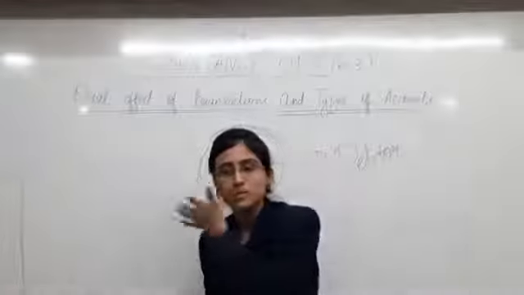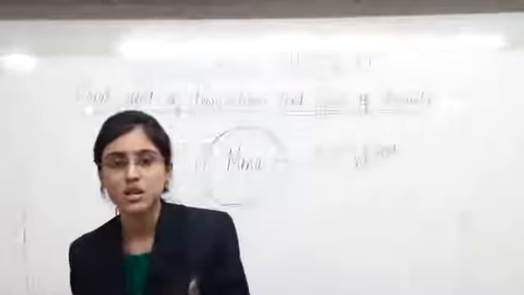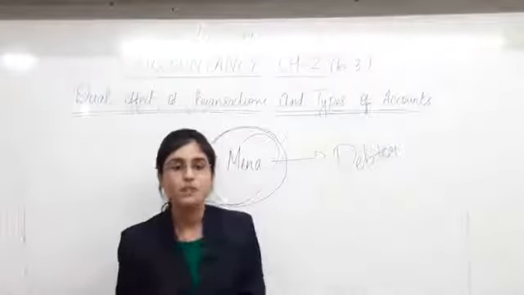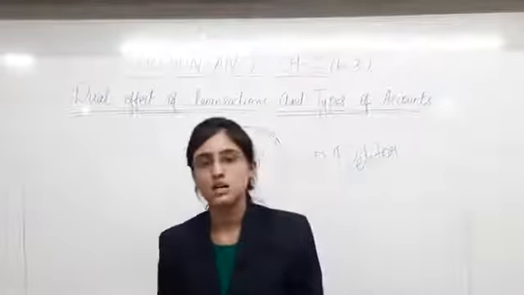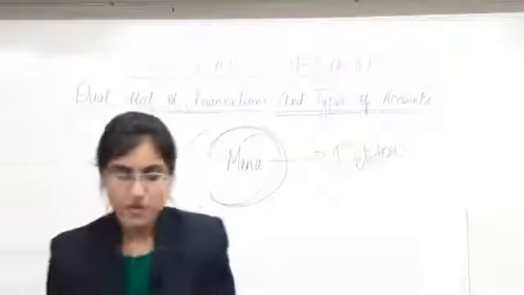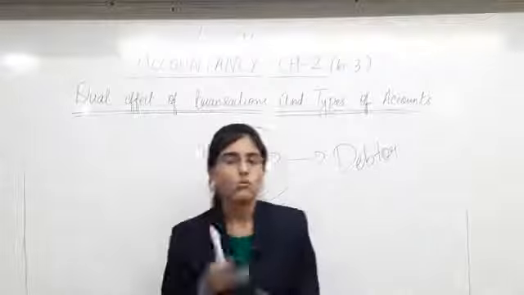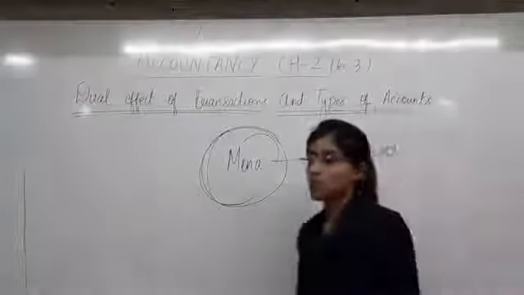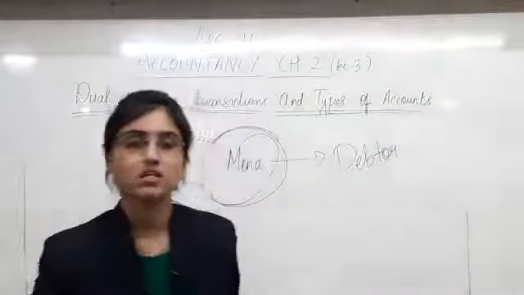Of course, the person who is willing to start business, who has started business. Manoj is a person who has started business with introduction of capital rupees 20,000. Obviously, the very first thing for the startup of the business is capital.